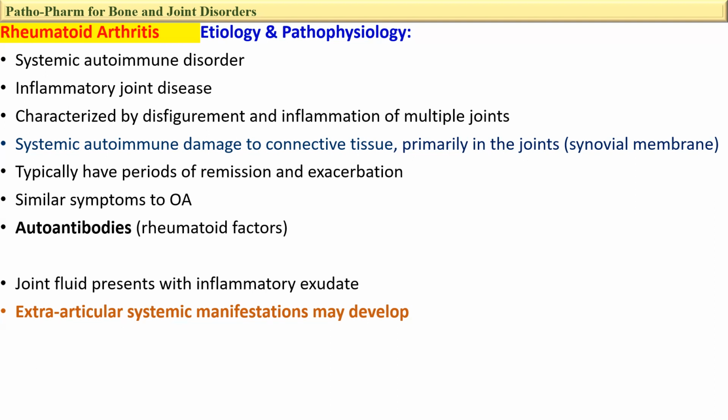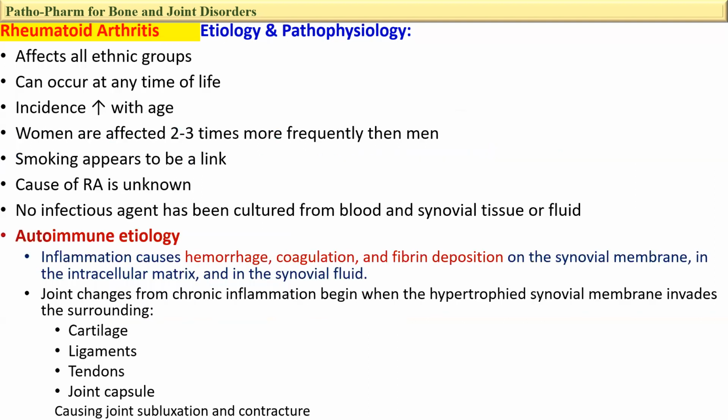And then the extra-articular systemic manifestations like infections, pulmonary disease, blood abnormalities, and metabolic dysfunction are also consistent with the idea that the disease is a systemic autoimmune disorder.